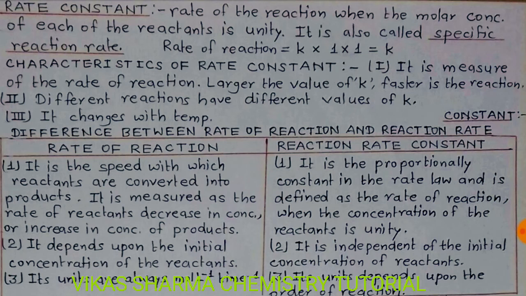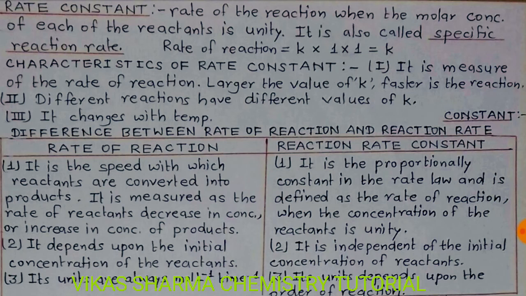The second point: the rate of reaction depends upon the initial concentration of the reactants. If the initial concentration of the reactants is not given, we cannot say what the rate of the reaction is. The reaction rate constant is independent of the initial concentration of a reactant.